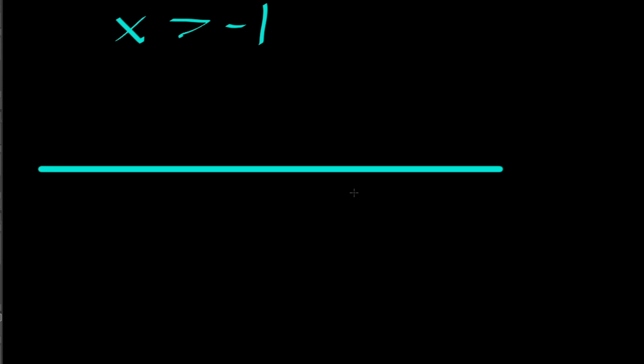Let's do, how about x greater than -1? Here's a number line, and we'll just label this. We can start at 0 again. So 0, 1, 2, 3, -1, -2, -3.